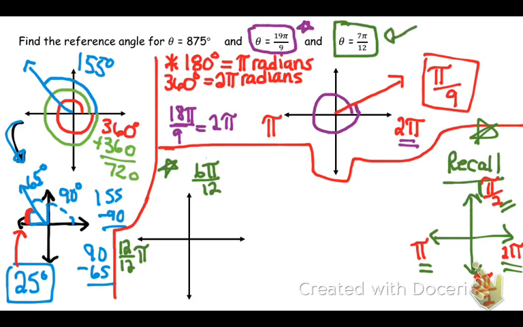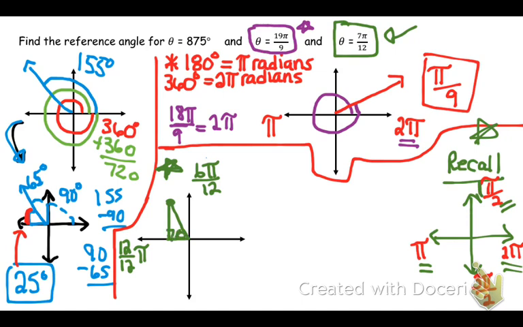So now if I go back up here, the reason I changed it to have a denominator of 12 is because that's what we're working with. So this says 7 pi over 12. If we know that 6 pi over 12 is up here at the top, maybe 7 is here. So we can go ahead and draw in our triangle. And we know theta comes off the origin.